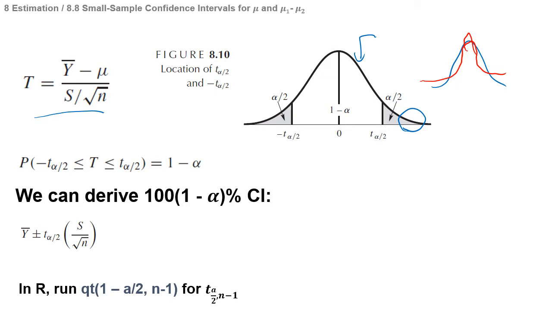So for a 100 times 1 minus alpha percent confidence interval, we can calculate it from this probability.